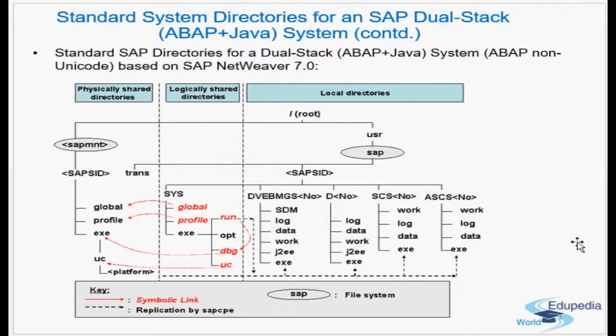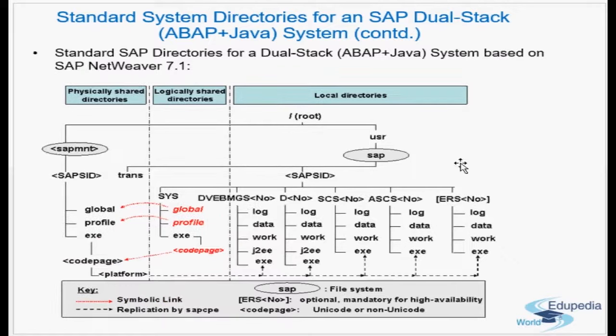Now the final one is the 7.1 and higher dual stack. Here, with 7.1 and higher, when you go for a dual stack, they are always Unicode. Because it's 7.1 and higher, each application server has its own directory. Because it's a dual stack, you have central services for ABAP and Java, and you have ERS for high availability.